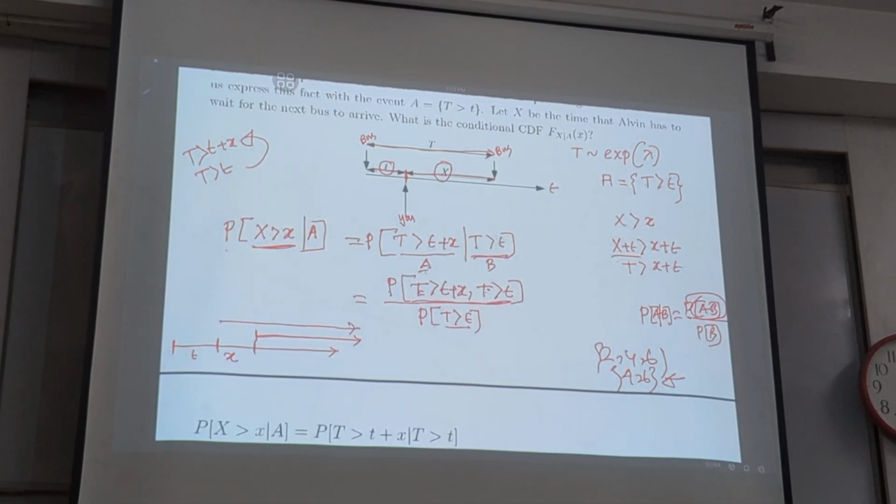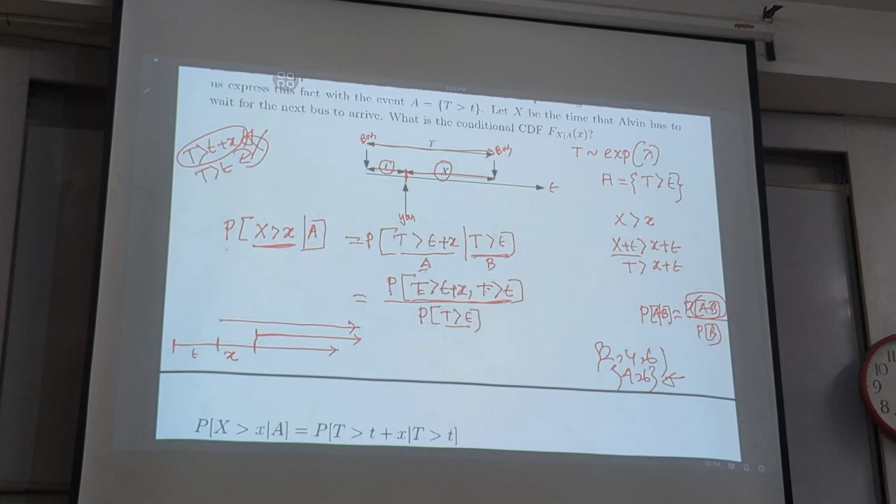Which one is the subset? So this is not true. This one is a subset of this one. And if this is the case, then we can write the probability that T is greater than t plus x divided by the probability that T is greater than t.